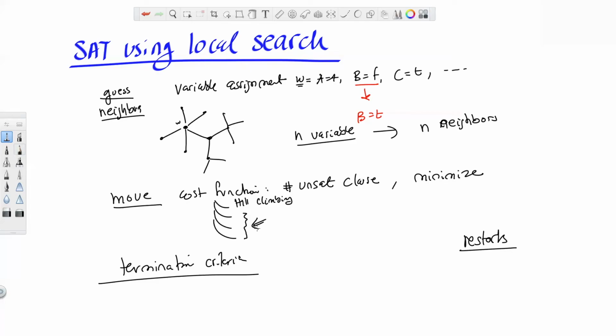And again, you will hear this story more broadly beyond SAT. When people did it in the context of SAT, they gave them names. One variation, at that time people called it GSAT. The idea is that this was exactly like what we did with hill climbing, with one difference, which is the notion of a side move.